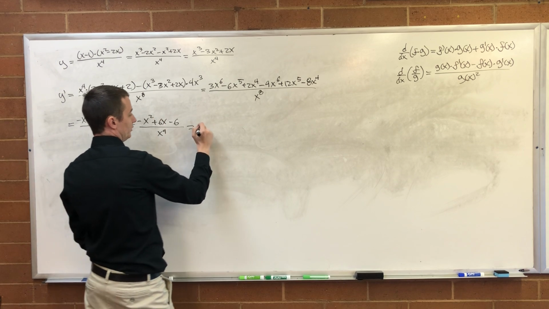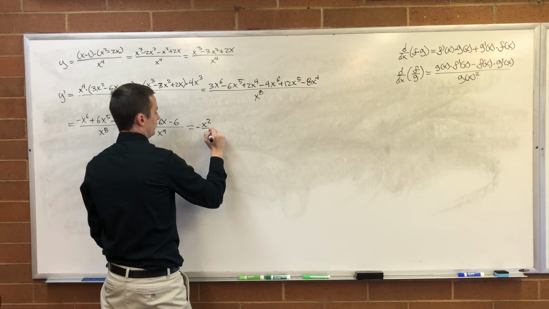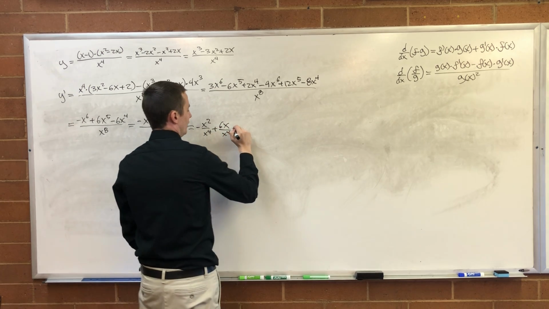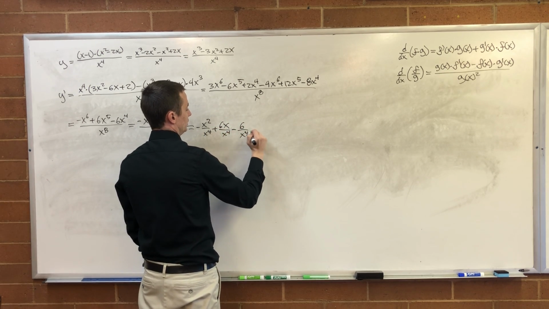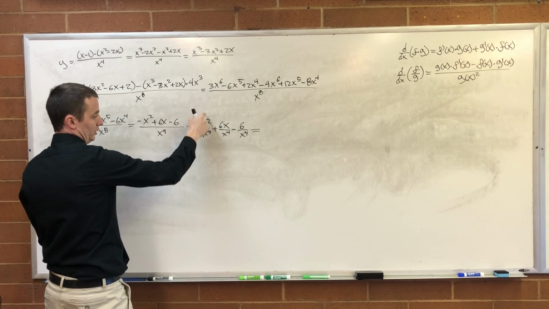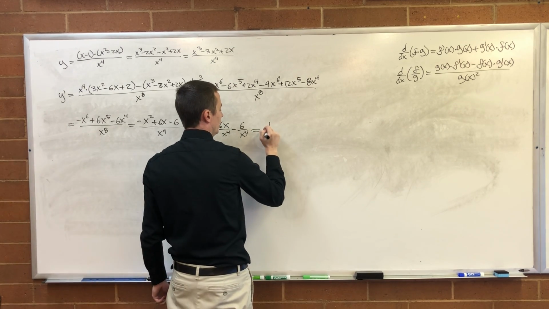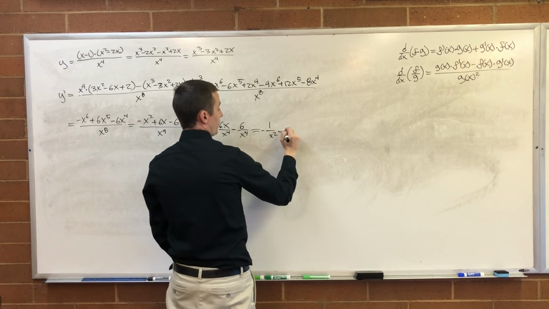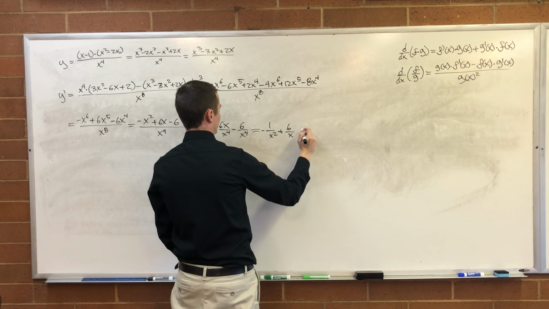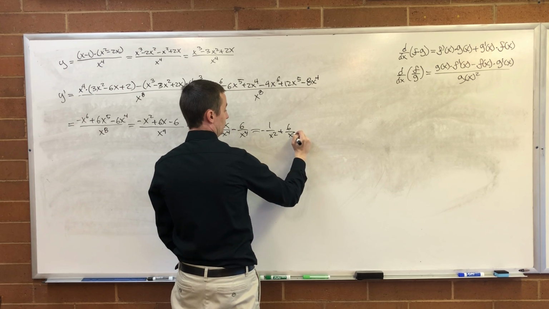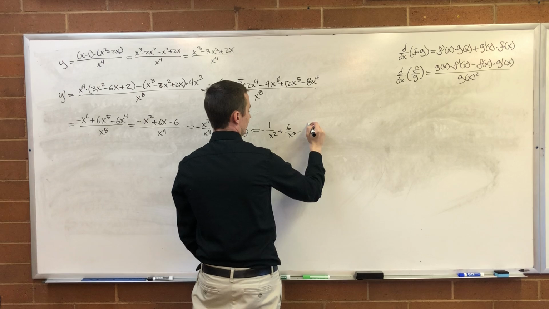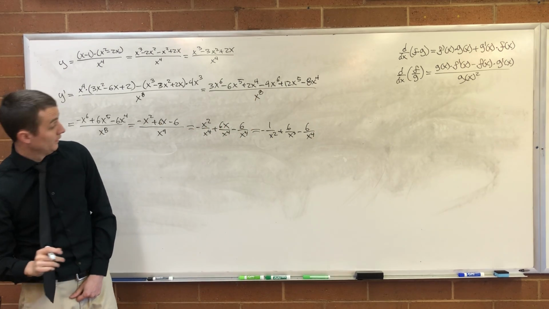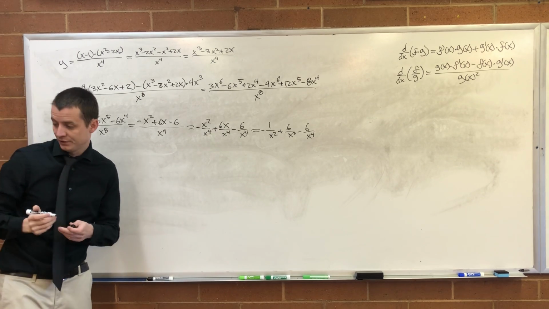He splits it into separate fractions, so he writes this as negative x squared over x to the 4, plus 6x over x to the 4, minus 6 over x to the 4, which is equal to, now we can take 2 x's out of top and bottom, leaving minus 1 over x squared, plus 6 over x cubed, minus 6 over x to the 4. And we got the same thing as him.